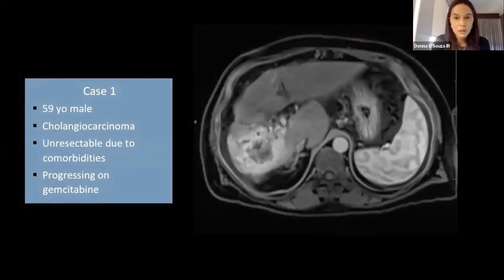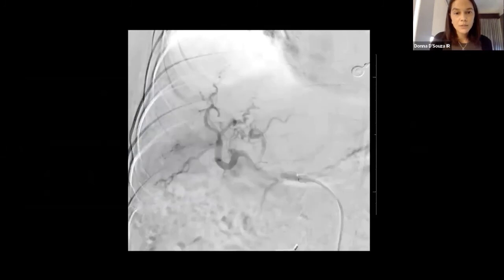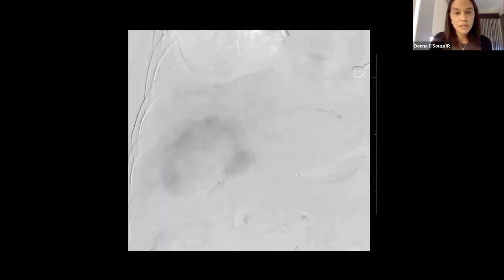This is a case of my colleagues, which I like because the pictures are really nice. A 59-year-old male with cholangiocarcinoma that was unresectable and progressing on chemotherapy. You can see the big centrally necrotic mass in segment 6. This is a non-selective angiogram, and you can see the tumoral vascularity with the central area of necrosis.